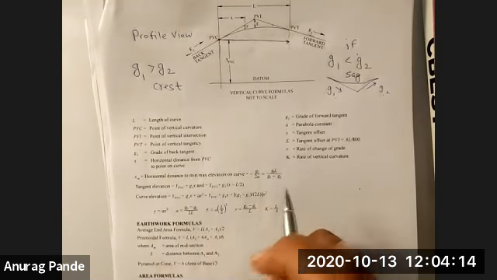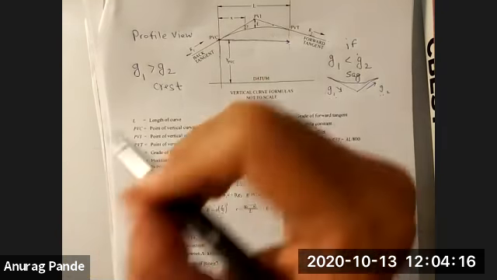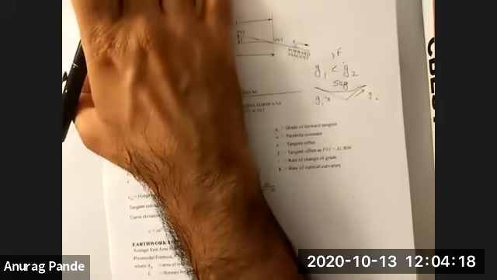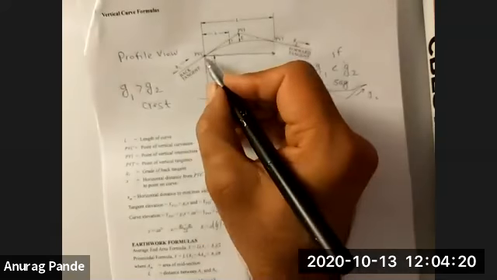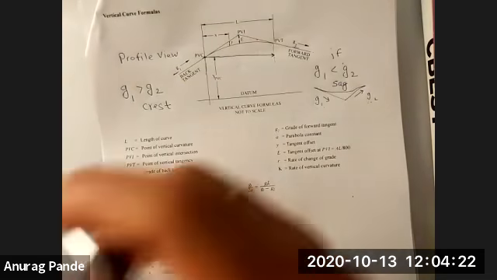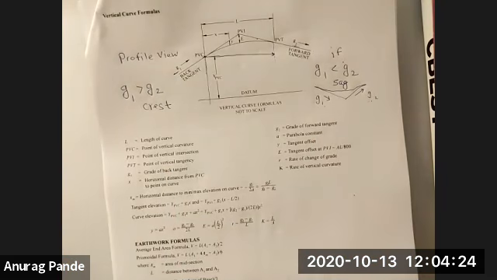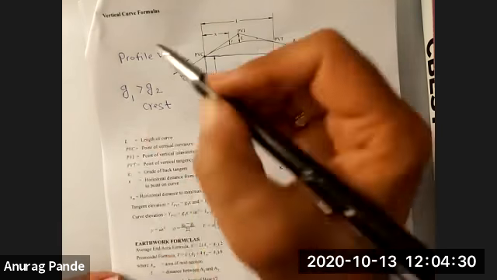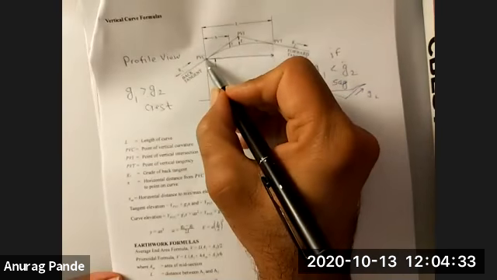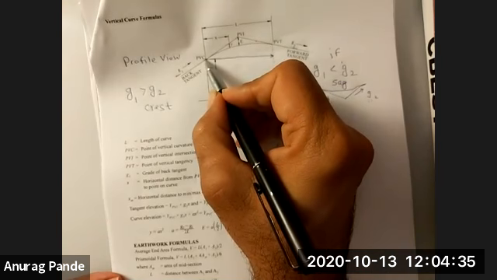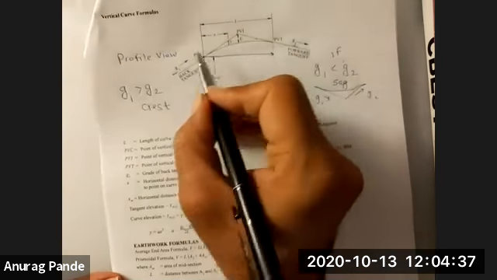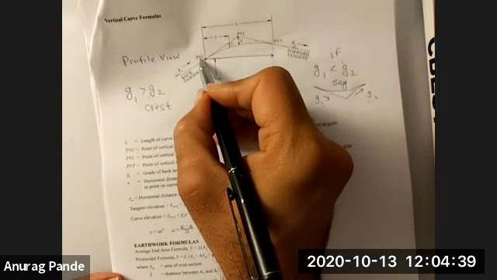Now, one thing to note is that I told you when we were talking about the horizontal curves, the curve connecting the PC with PT, in the case of a horizontal curve, was the circular curve. Now, the curve connecting PVC, now obviously if you notice the trend here, or the pattern, we tack on a V in the middle.